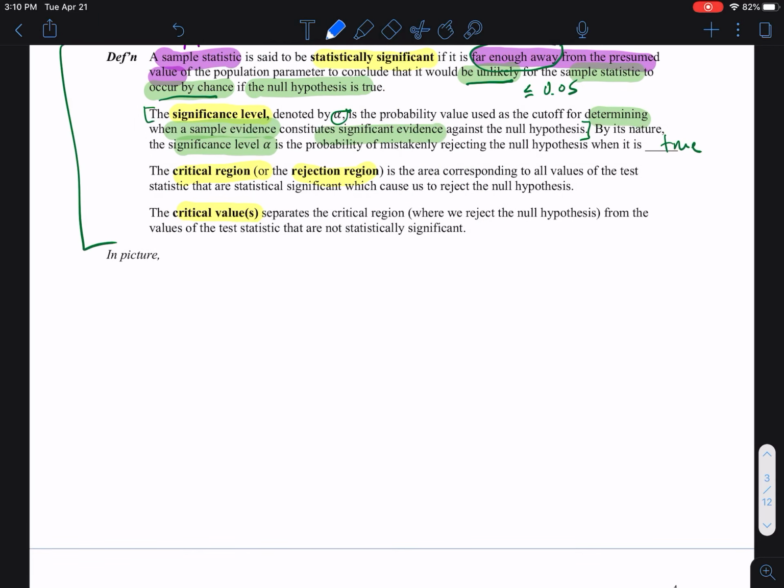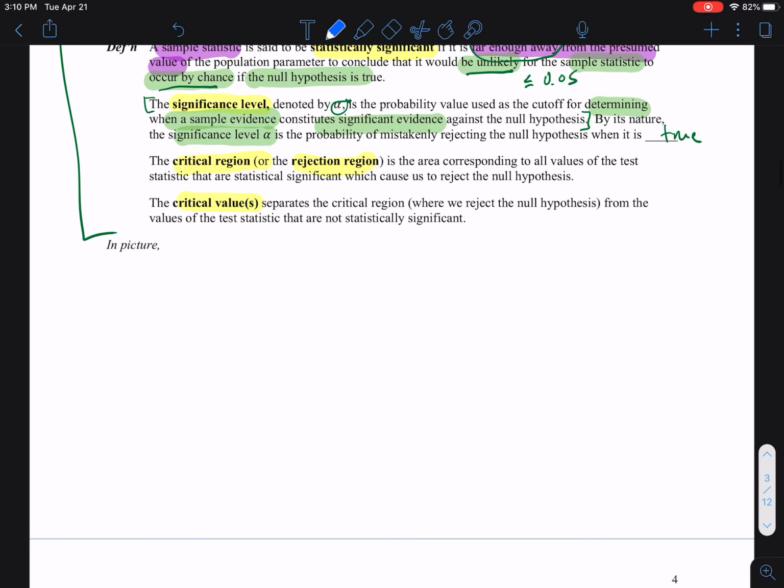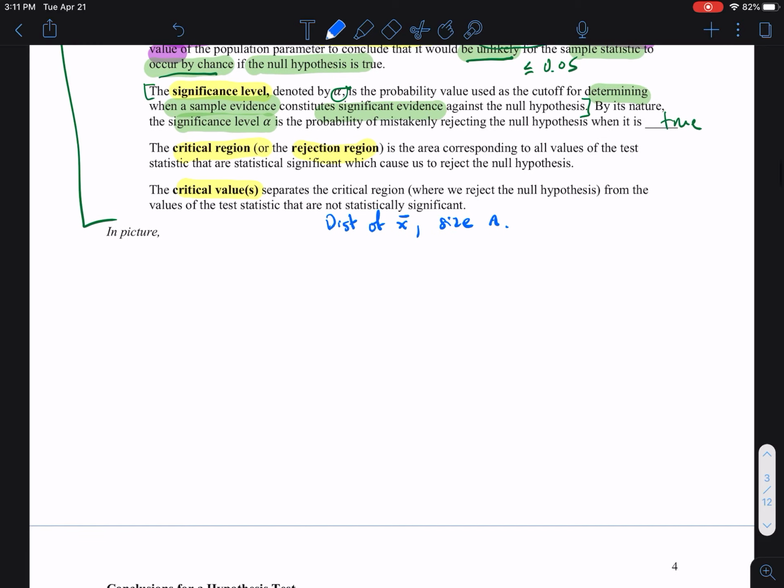So in terms of the picture, suppose we are trying to do a test on a claim regarding the population mean. Then we look at the distribution of x bar for a certain size n. Let's say this is the distribution of sample means of the number of hours of television children watch per day, for example.